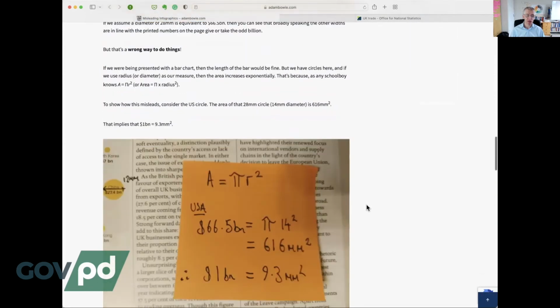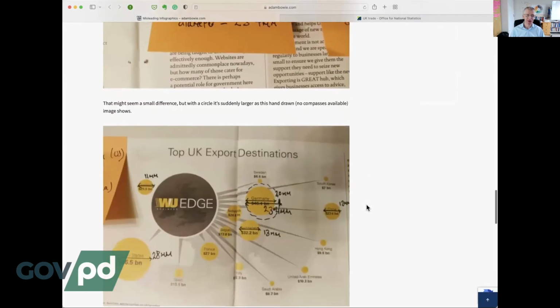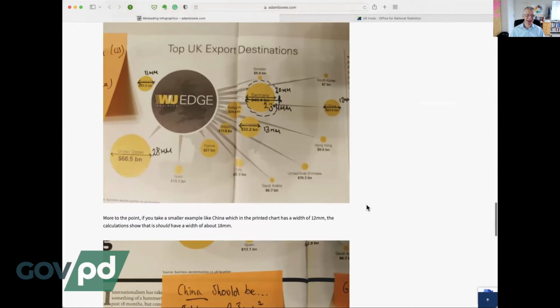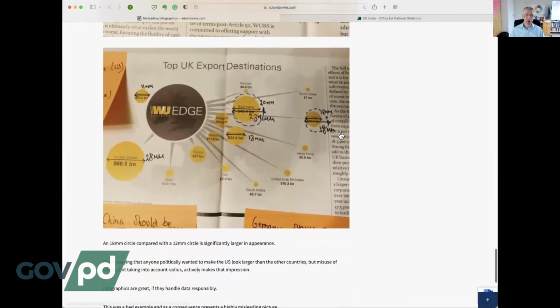So he does some maths to correct that, a little bit of use of pi, as every good school child will know, and correctly identifies firstly that Germany dot would need to be a little larger, and then goes on to spot the China one and others as well. So a nice example of having a bit more of a critical eye of all those charts you see where perhaps circle size isn't correctly encoding the data.